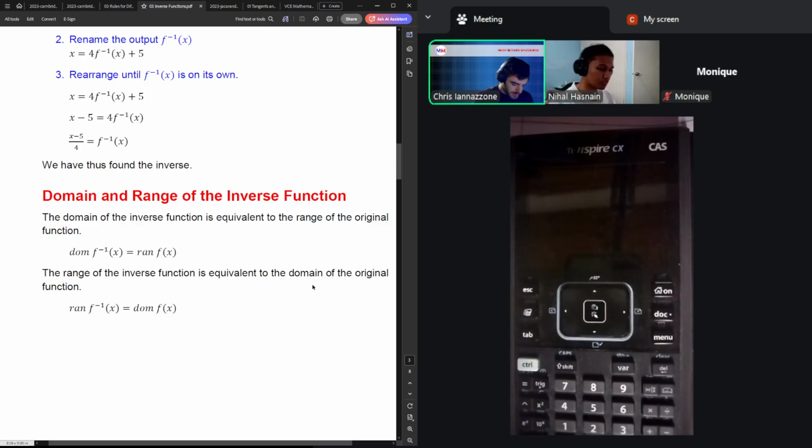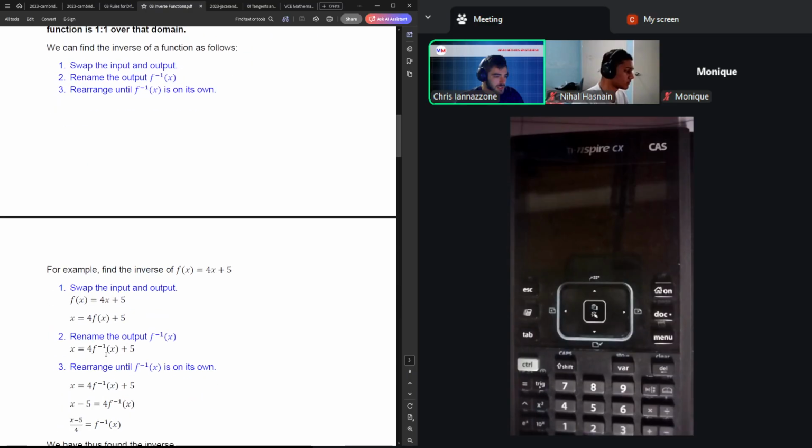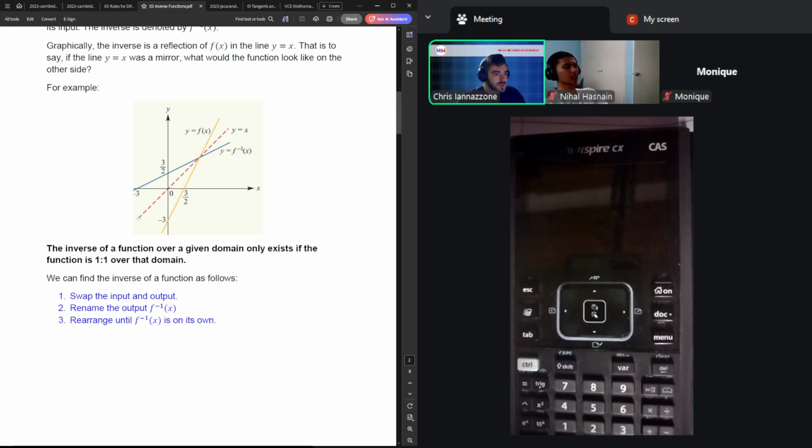Cool. It therefore follows that the domain and range of the inverse function should be the flip of the domain and range of the original. Because one of the things you're doing, especially in this step here where you're swapping the x and the y location, is reflecting in the line y equals x, which is actually the swapping of each x with the corresponding y.